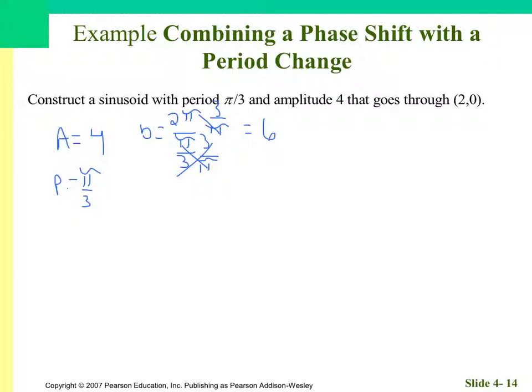Now, this is where we need to think about the unit circle. The easy points to graph are 1, 0, 0, 1, negative 1, 0, and 0, negative 1. The period of the unit circle is 2 pi. Well, cut it into fourths. So what's our period here? Pi over 3.